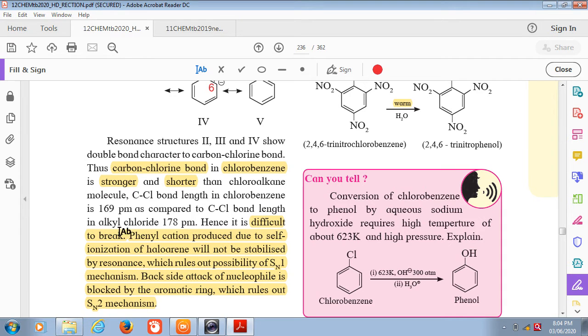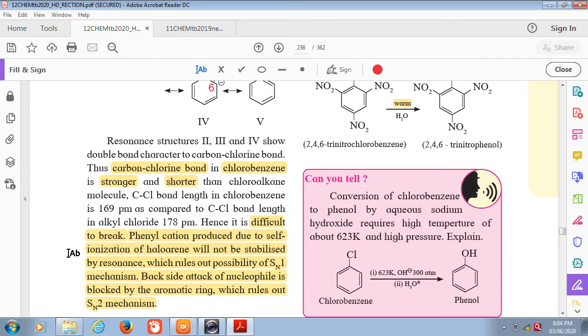So it is difficult to break, and after breaking, the group is known as phenyl and positive charge is developed. The phenyl cation produced due to self-ionization of haloarene will not be stabilized by resonance, so there is no formation of carbocation.